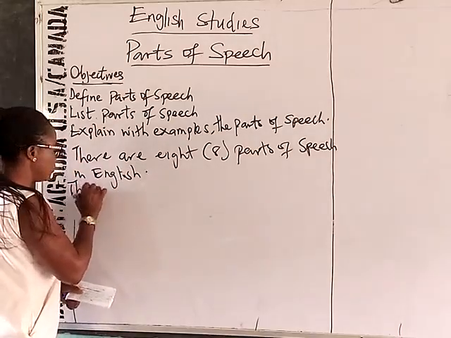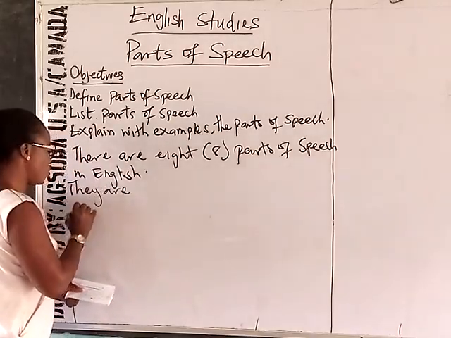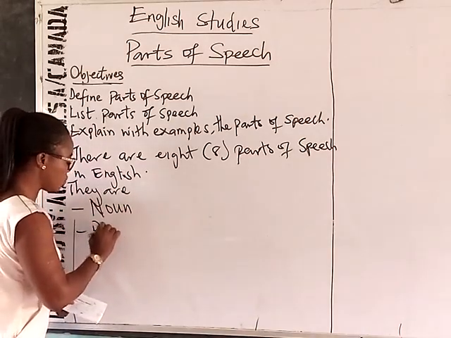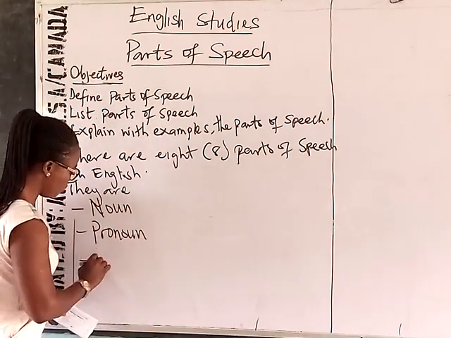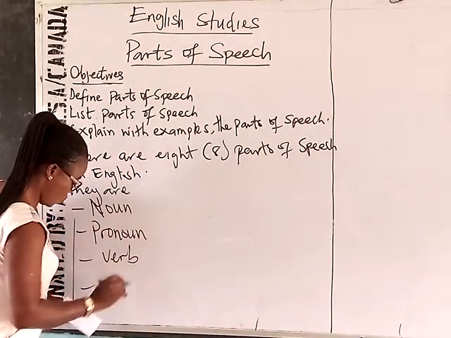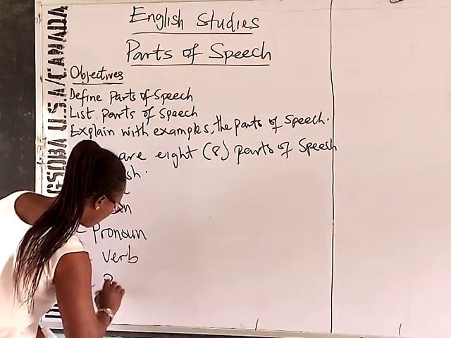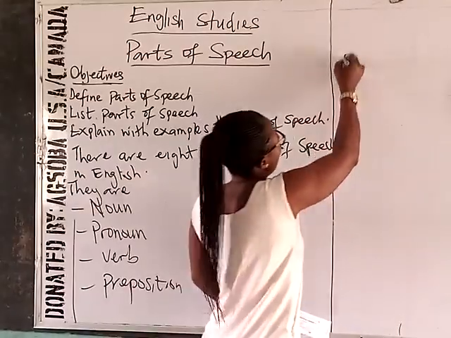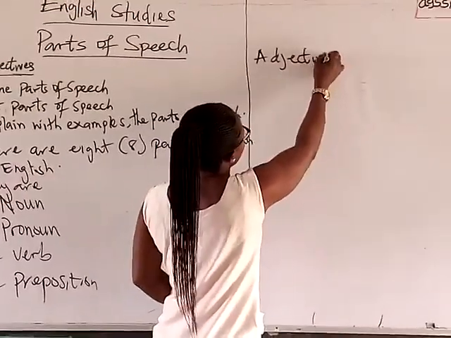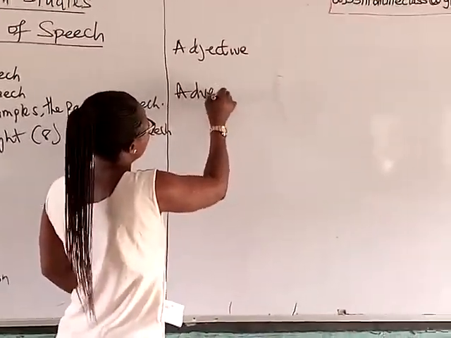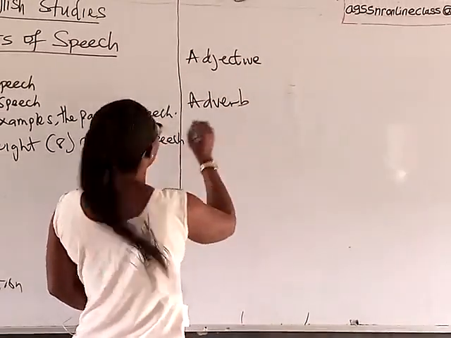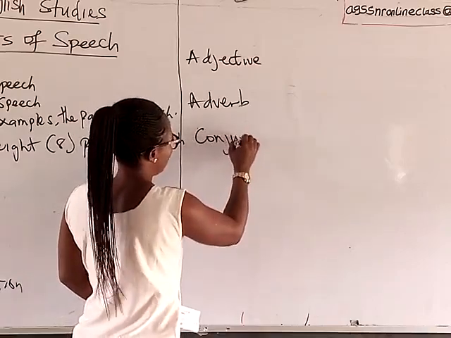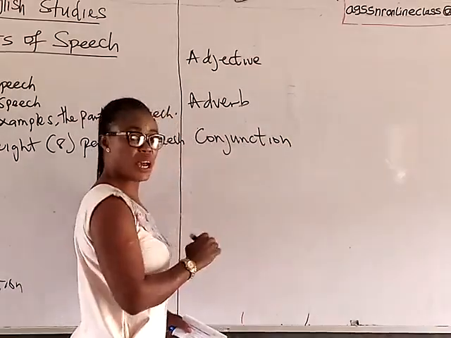And they are: we have noun, we have pronoun, we have verb, we have preposition, we have adjective, we have adverb, we have conjunction, and lastly we have interjection.